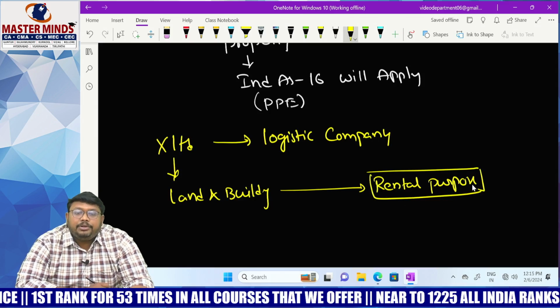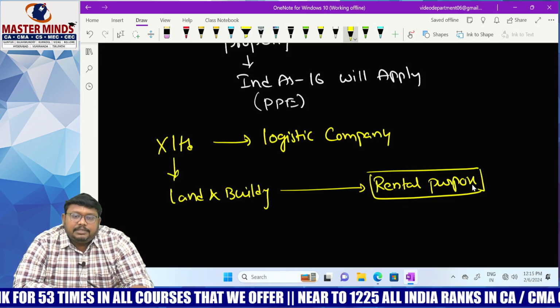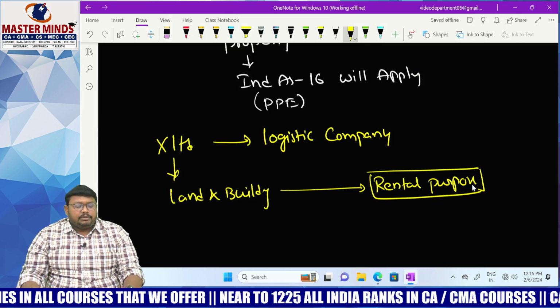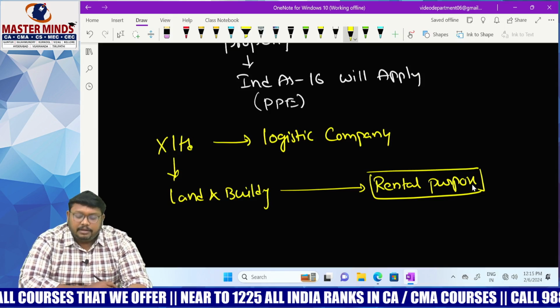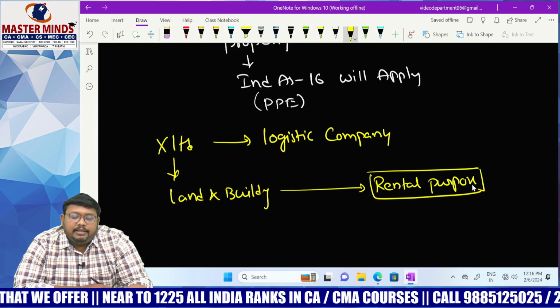They are not using it for their company purpose. The rental purpose they have given. So that means it is a lease or anything like that. They are giving this building for rental purpose.